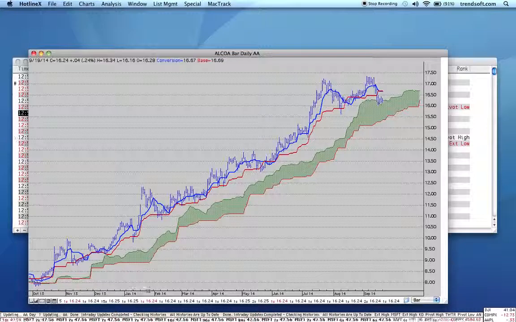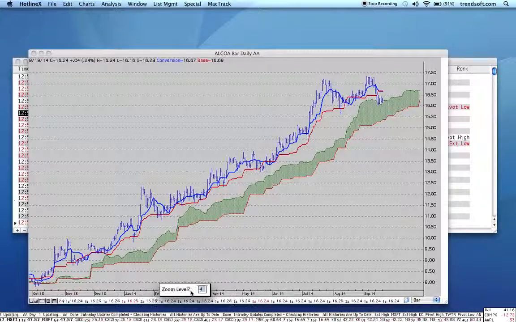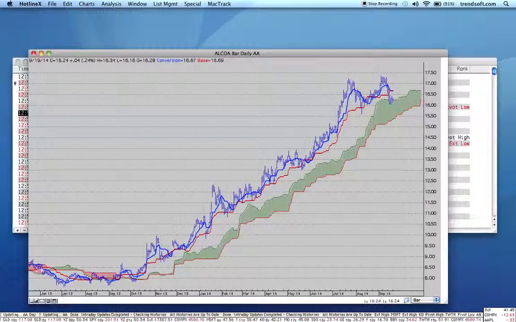Let's tighten this up just a little bit. In fact, in terms of the cloud, this is exactly where the uptrend started, in October of 2013.